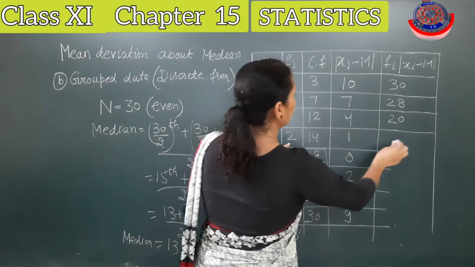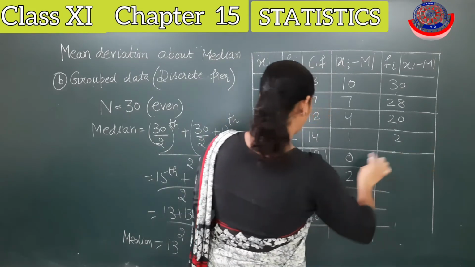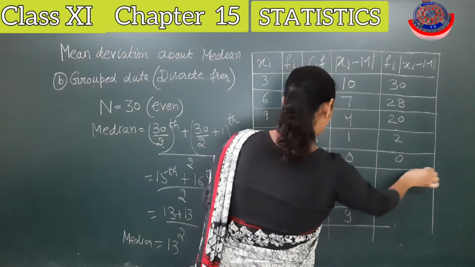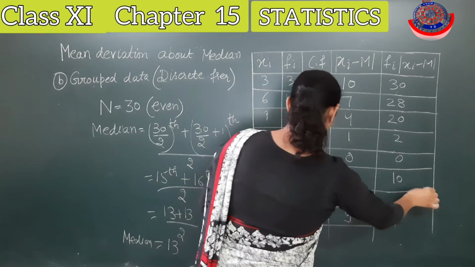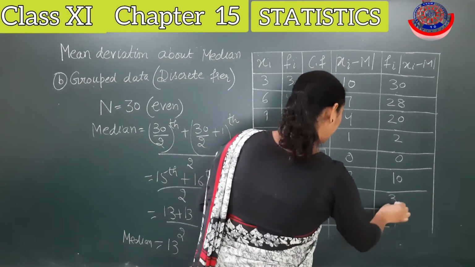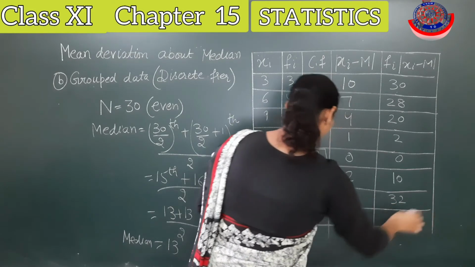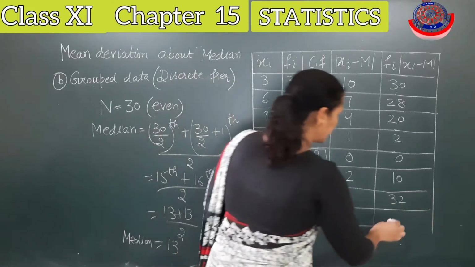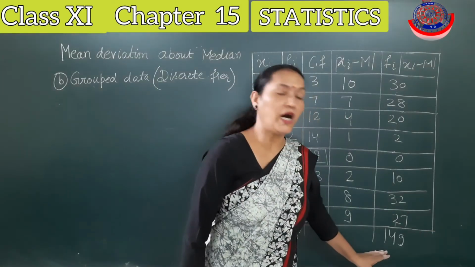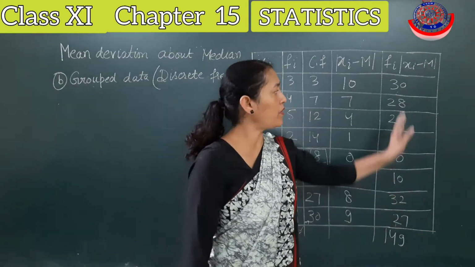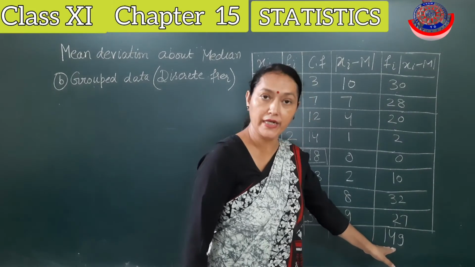Then 2 into 1, 4 into 0, 5 into 2, 4 8s are 32, and 9 3s are 27. We'll be adding all these values. After addition, we'll get the sum of these terms as 149.